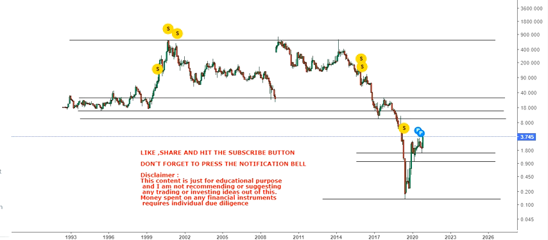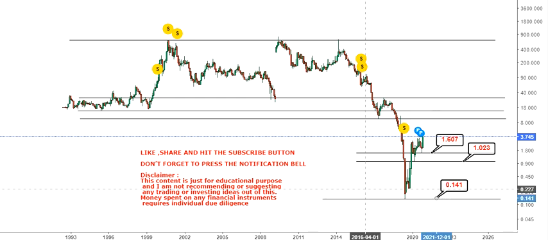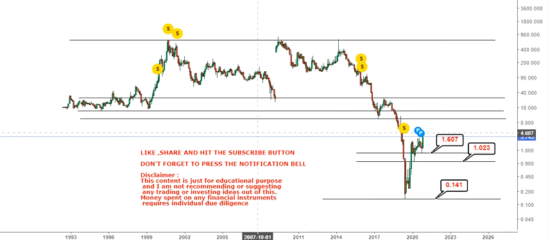Now as you can see here, you have your first support at 1.6, followed by 1.02, and your big support will come at 0.14.